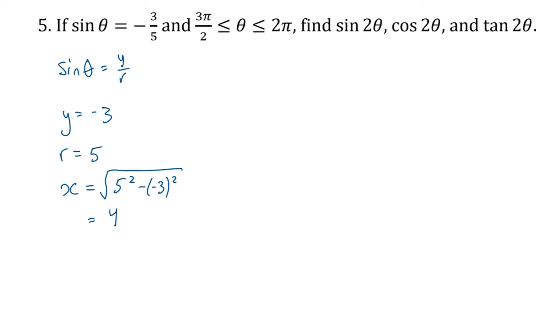Is x positive or negative in quadrant 4? That's the last thing that you have to think about here. Negative. No, never. Positive, yeah, good. Okay, you changed your mind to positive, yep. So it should be positive 4. Cosine is positive in that quadrant, so x has to be positive so that it works out that way. I like to write these all back out.